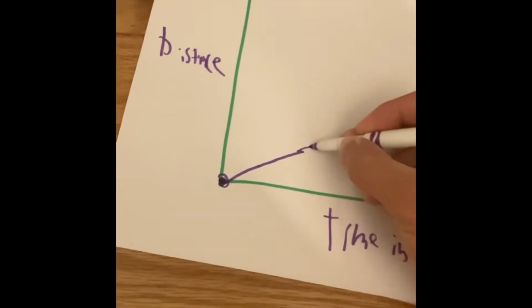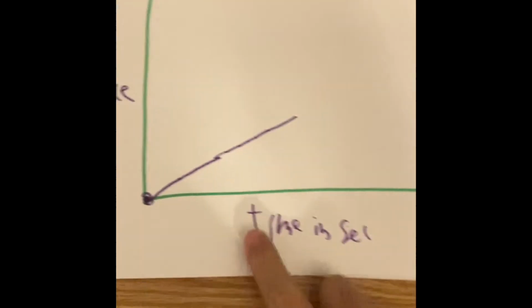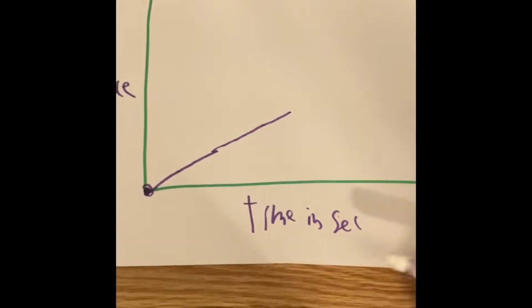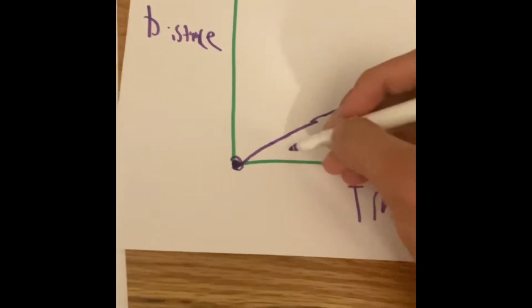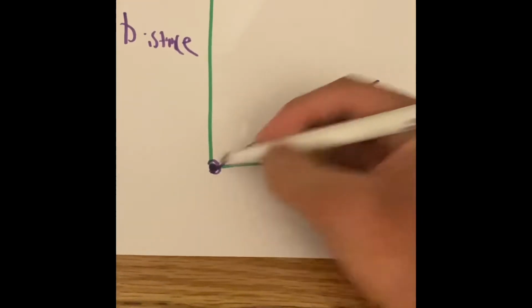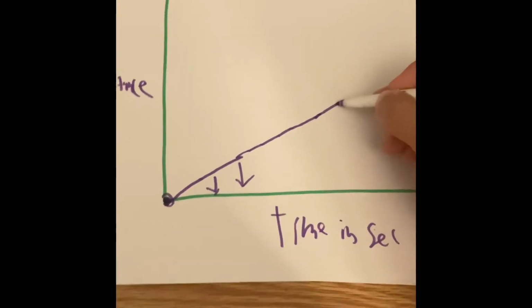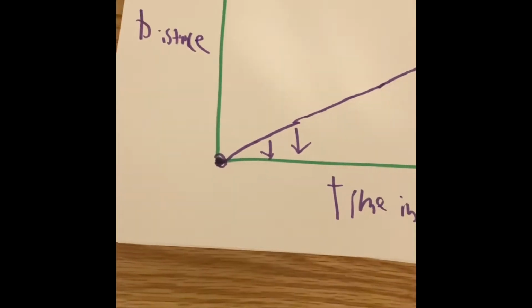Two things: the time in seconds is increasing, you can't pause time. And number two, your distance from where you started is increasing. So you're going away from the starting point.